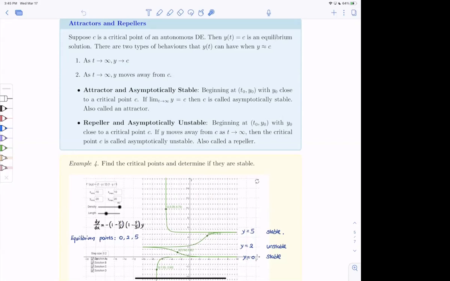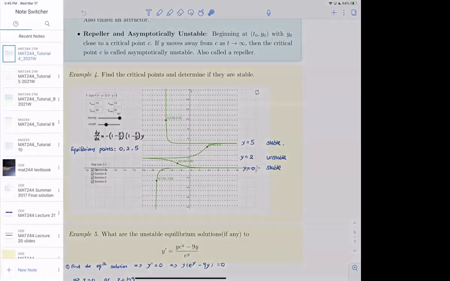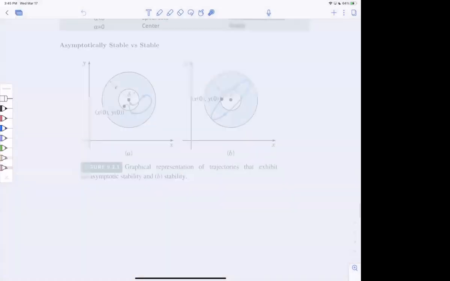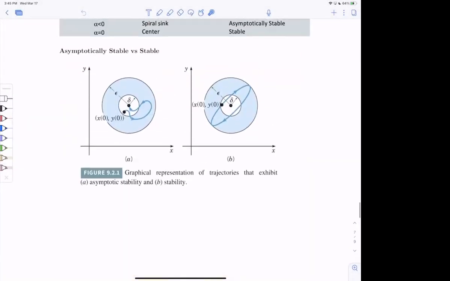So remember when we talked about here, I said the solution curve is going towards your critical point, that's why it's stable. And when it moves away from your critical point, it's unstable. Right now, I want to talk about the difference between stable and asymptotically stable. For stable, it never reaches it. Can you guys tell?